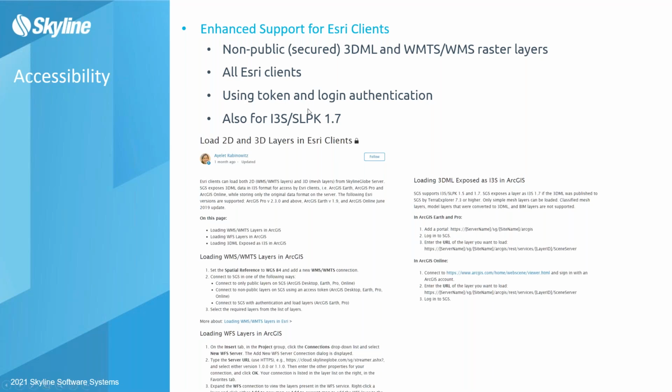For all Esri clients, you can use the token or the login, also for the 1.7. And we encourage you to go into our knowledge base, type in Esri clients, and see articles on how you can connect to each of those Esri clients and use them to read data.